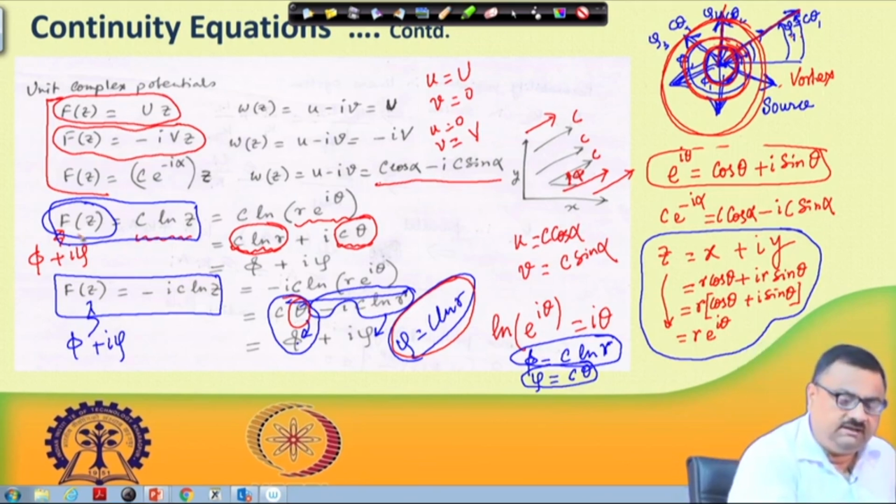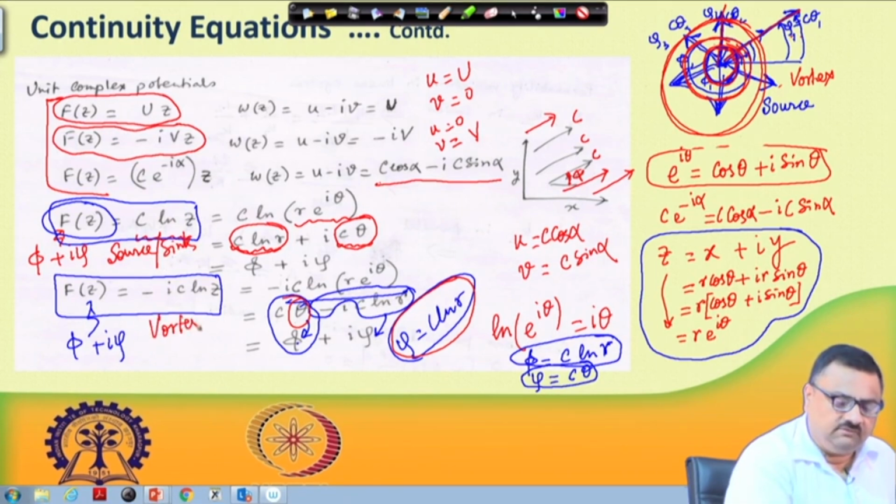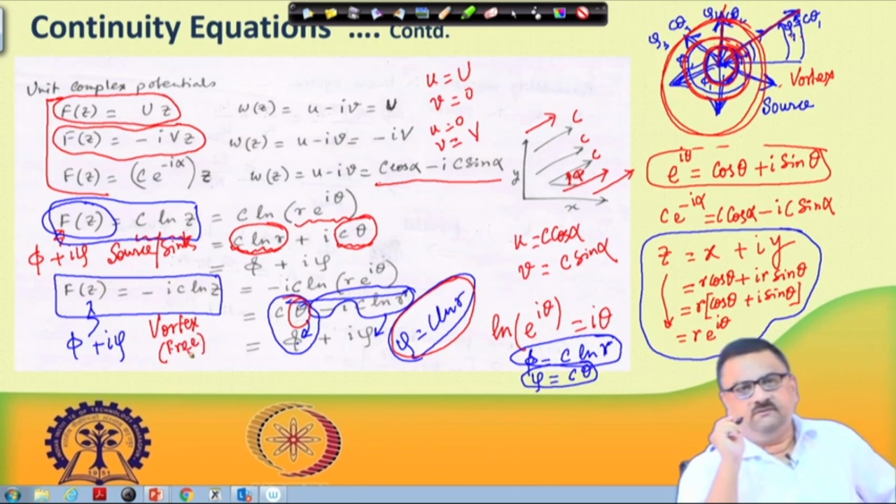Essentially, this equation, F(z) equal to C ln z, is basically a source or sink, and this is a vortex. To be a vortex is good enough, but if you are a little fussy about it, let us call this free vortex.